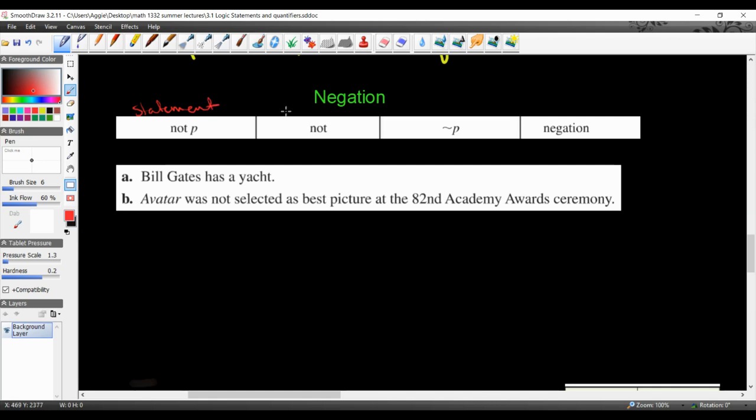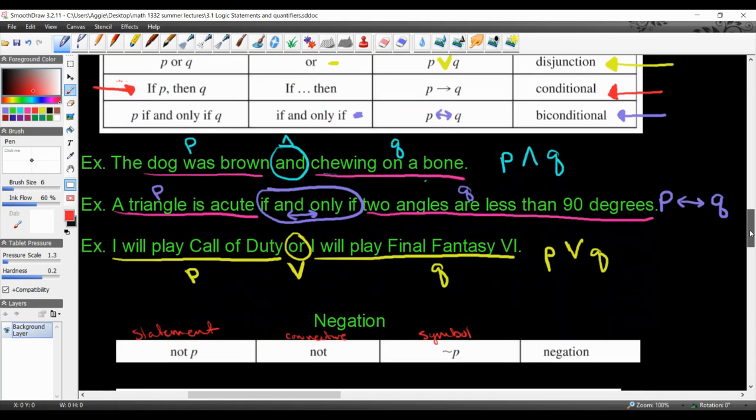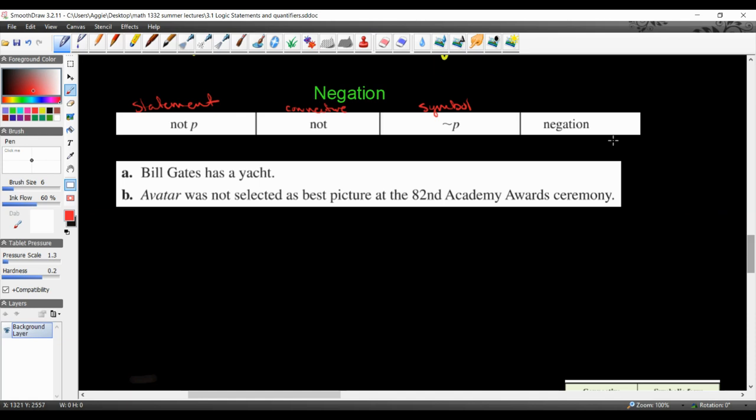This is the connective. This is the symbolic notation, I'm just going to put the symbol. And this is the type of statement, the name of what this is called. So I'm just going to put the type.